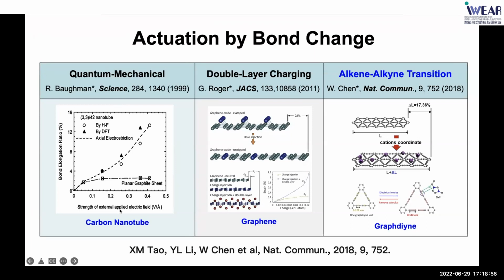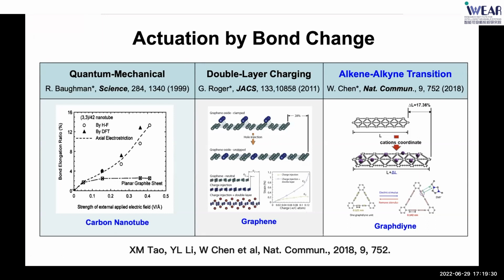For example, here per atom, usually we need 0.1 volts, and here per carbon atom, we usually need 0.02 or 0.04 electrons. That means they usually need a very high energy charge to change the carbon chemical bond. So it almost cannot be realized in our experiments.